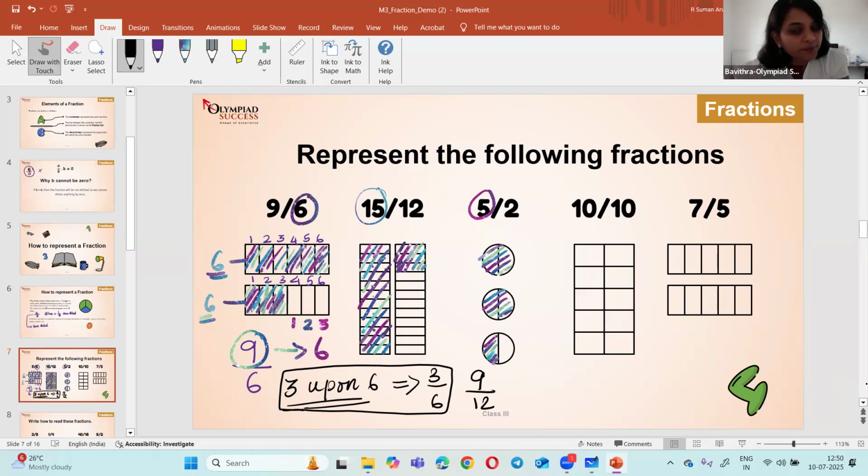How many parts are unshaded here? 1. 1 out of 5. Is that right? What is the total number of parts in one image?